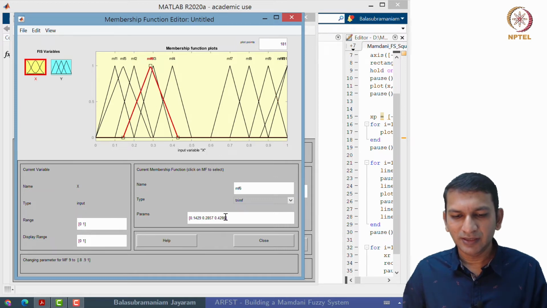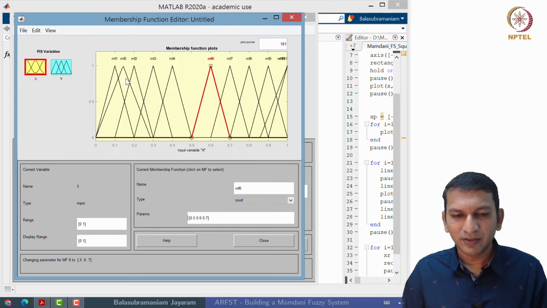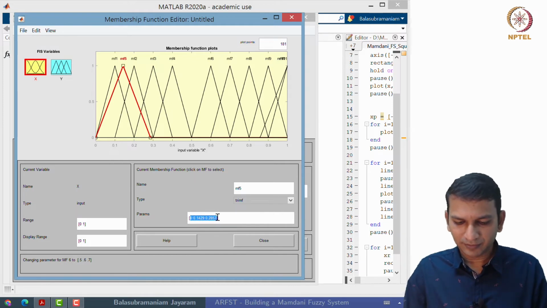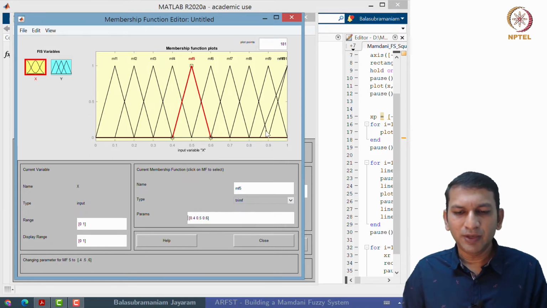This is MF6. So its support will be from 0.5 to 0.7. Once we take MF5, we have done this, but we have not defined what it is for 0.